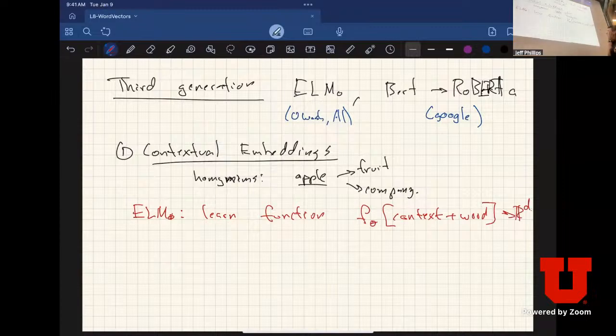Okay, so I want to somehow learn the function. The key was that every time I saw a word in a context, I wanted to embed it differently. So the embedding depended not only on the word itself, but also on the context that appeared with it. Okay, so it was not a single thing, but I still wanted to predict the word, and I could use the context in order to predict it.